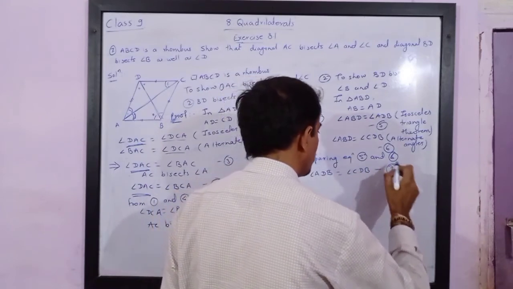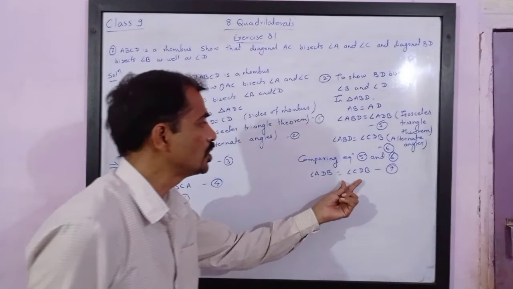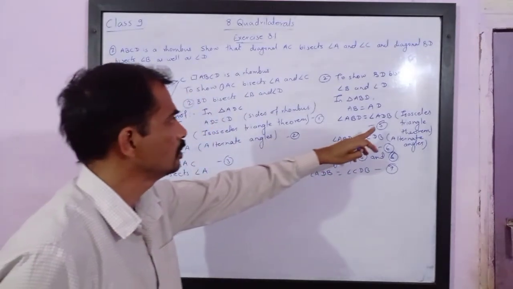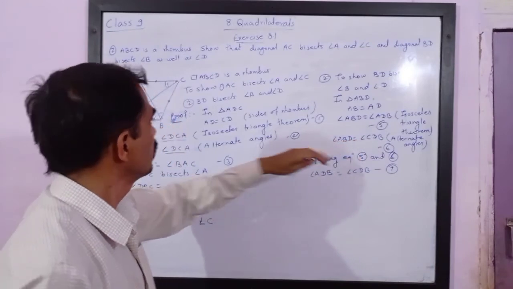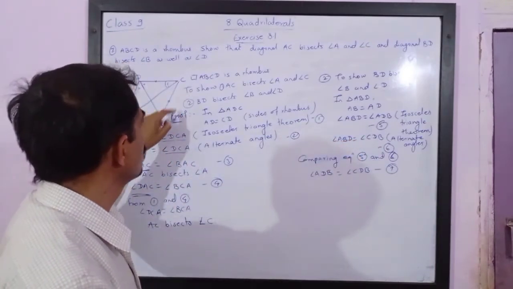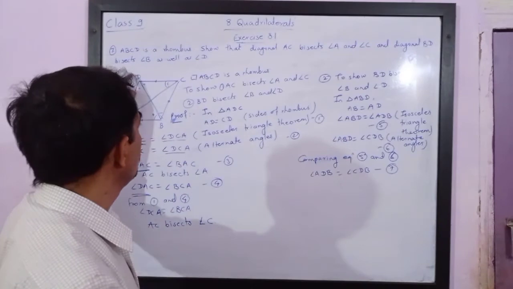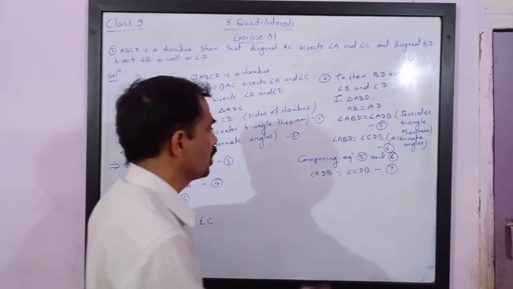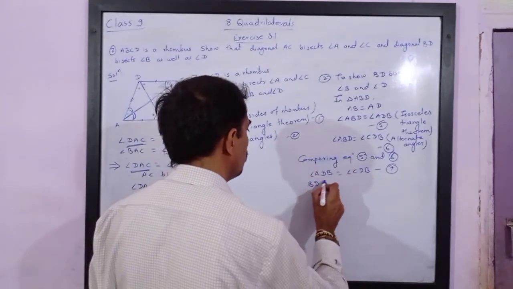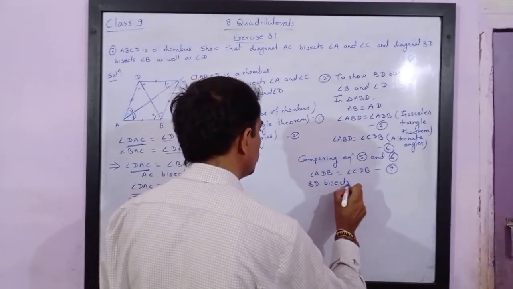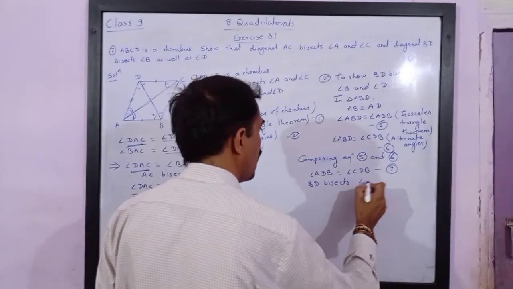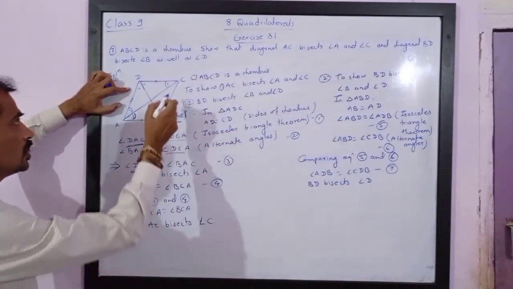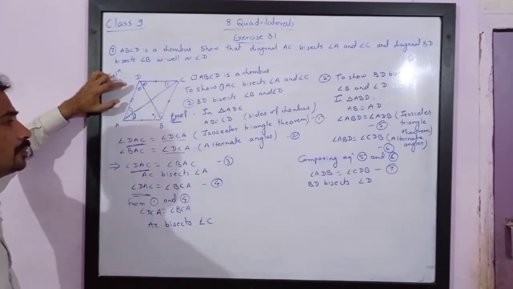I am giving this equation number 7. ADB equals CDB. Therefore, I can say that BD bisects angle D. See, I have got ADB equals CDB. These two angles I have got.